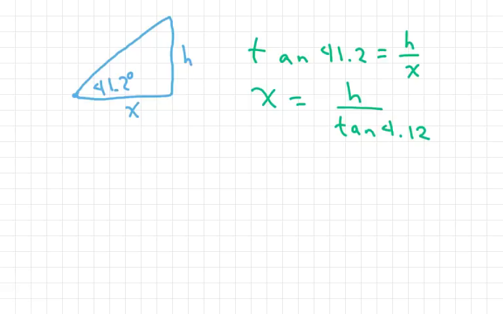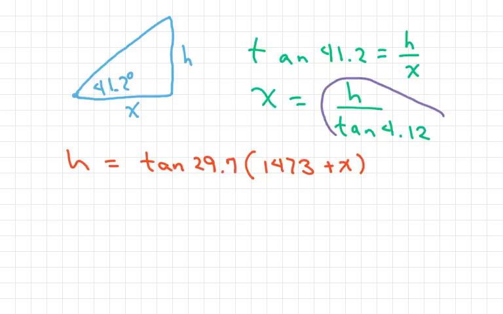I had h equals tan of 29.7 times 1473 plus x. So that was your h. Now we know what x is.